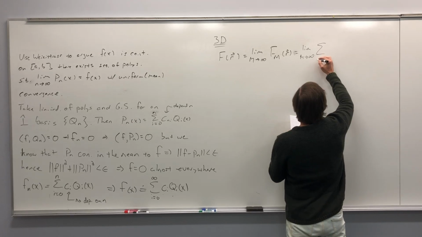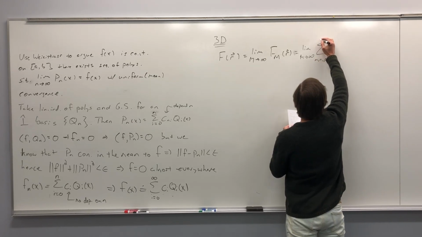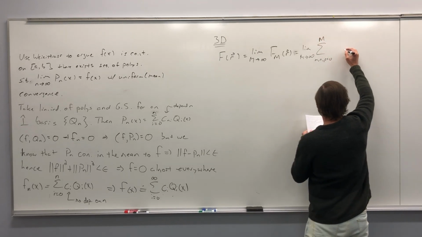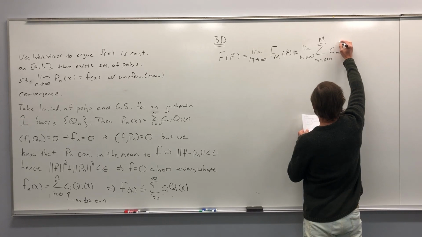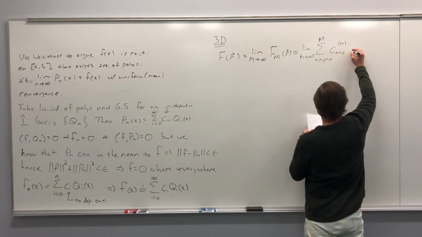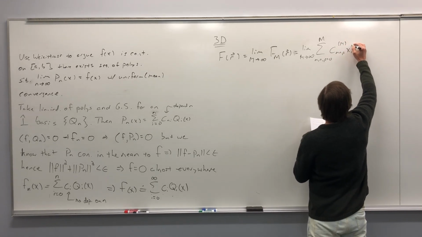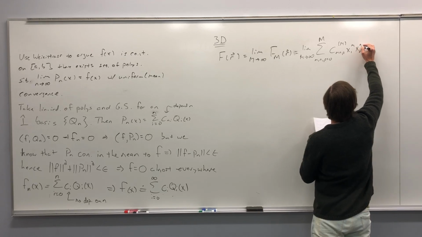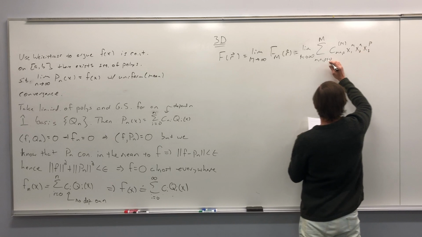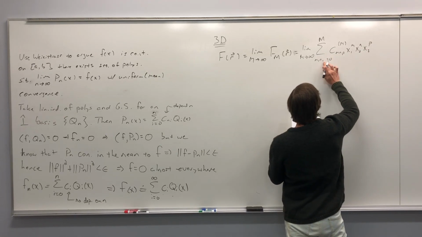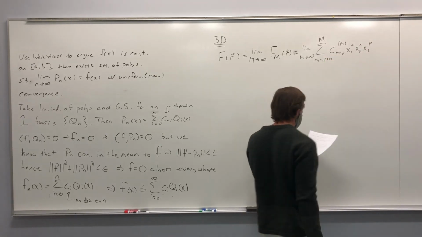Of the sum over m, n, rho equals 0 to capital M of the coefficients C, superscript M, m n rho, which depend on M, x1 to the m, x2 to the n, x3 to the rho.